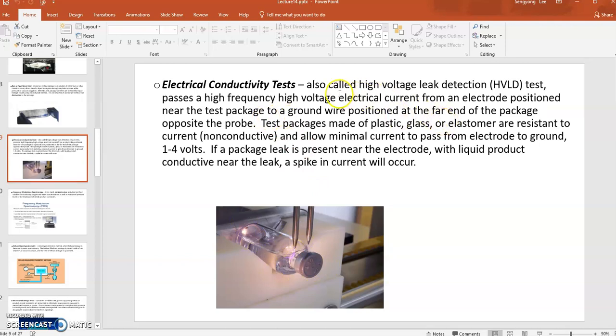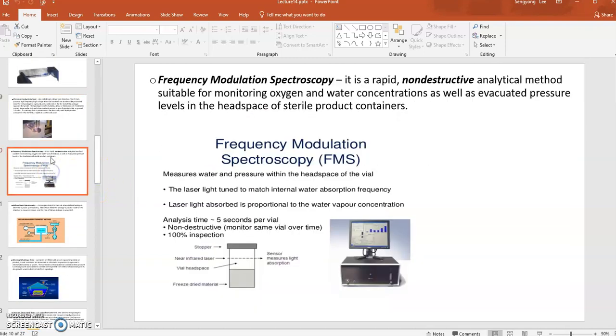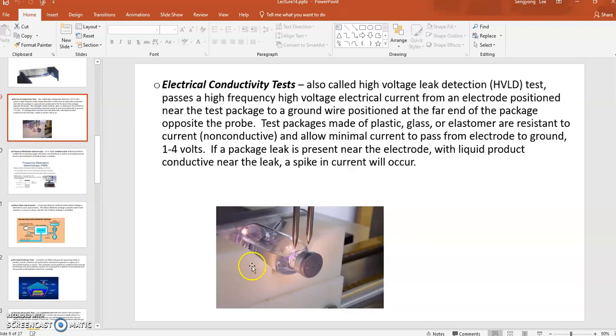It's also called the high voltage leak detection test, HVLD test. If liquid is leaking through this plastic, glass, or any other primary container, you will see a change of conductivity from that area. This is considered non-destructive testing because the drug can still be used if it passes, of course.